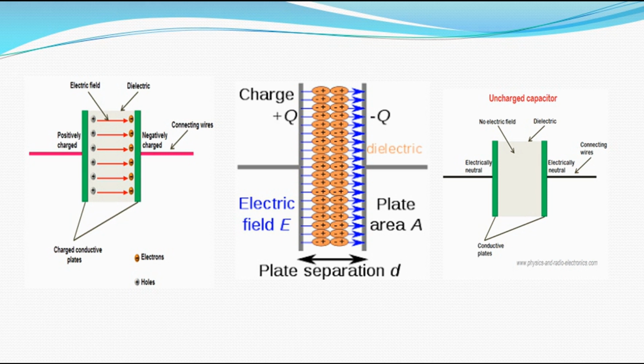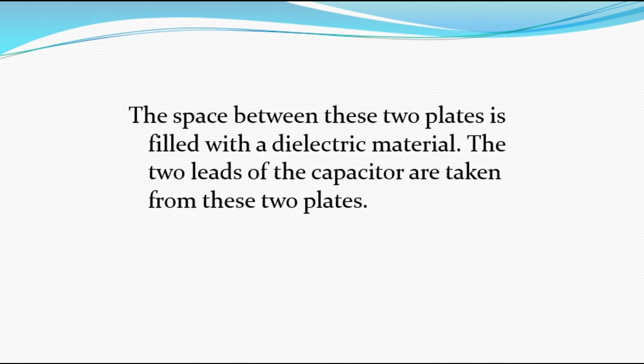Here is the electric field. Here it has been charged to a certain state where the polarization takes place. Here there is no electric field influence. Here is the starting point, while here is where it has gotten to a point where the polarization takes place. So that is what you should understand.